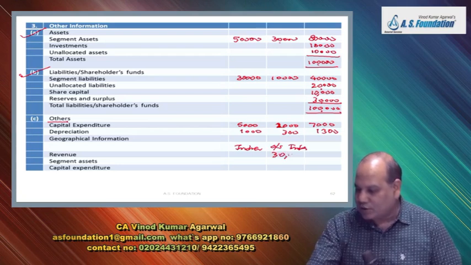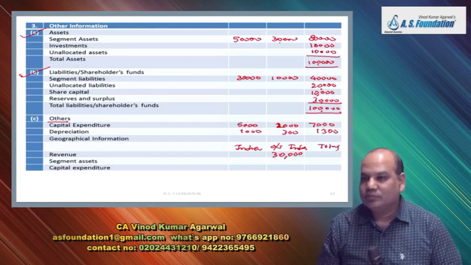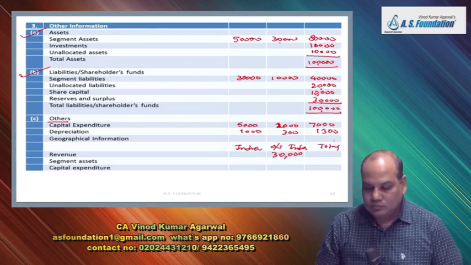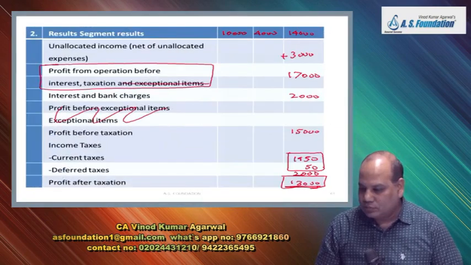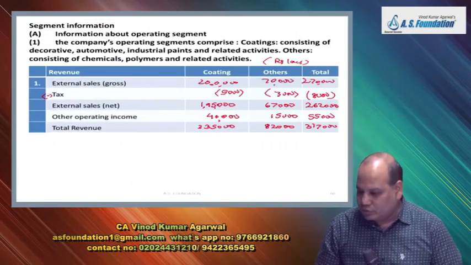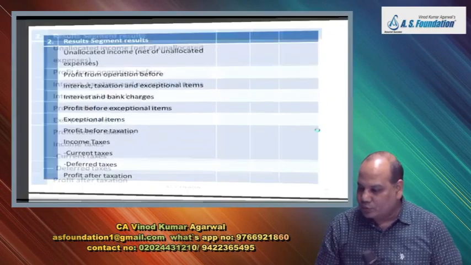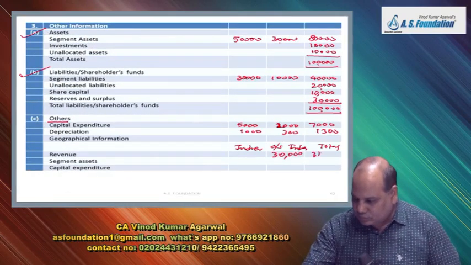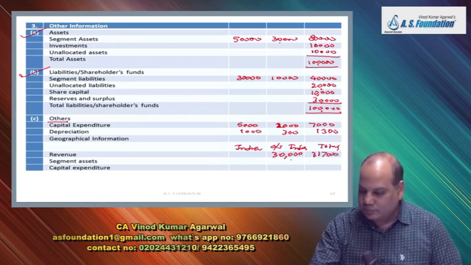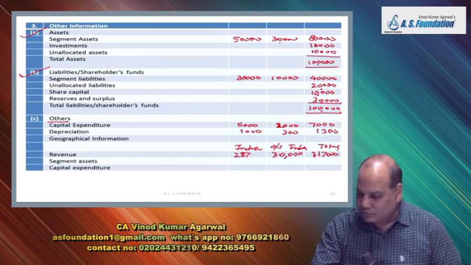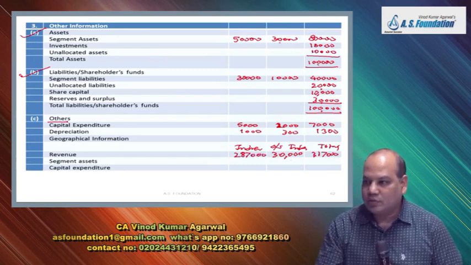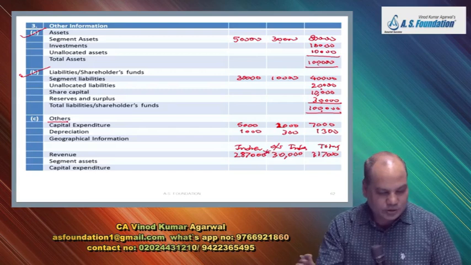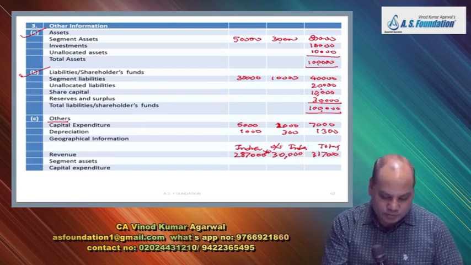How will you get these two figures? Total revenue, this 3,17,000, you put in the total column, and then India is the balancing figure. How much is India revenue? 2,87,000, a balancing figure, because I think this figure is not there in the question.